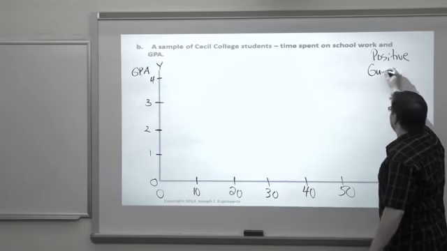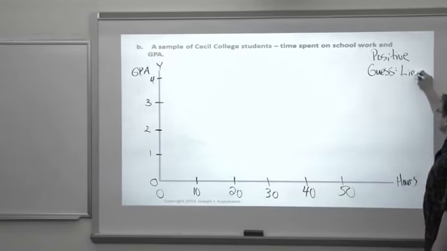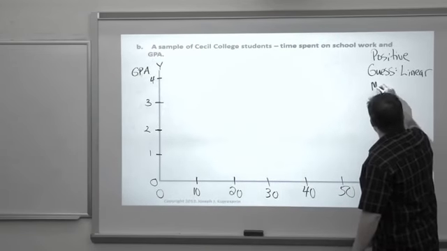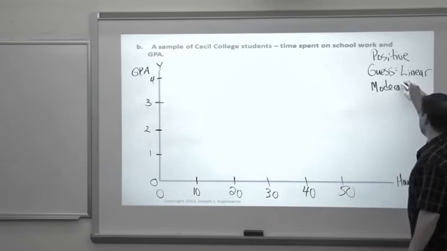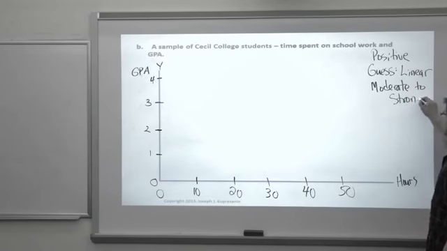Again, we never collected this data, but I'm guessing it's going to be linear. In terms of the strength, I think this will be a stronger relationship than that reaction time. So in terms of the strength, I would guess at least moderate, maybe something approaching strong. Problem is, it's not going to be super strong because there are a lot of factors that go into what a student's GPA.